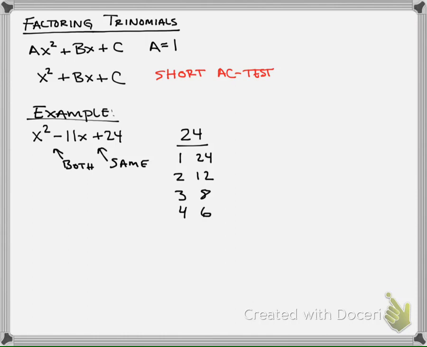So I go back to my factors and make all of these terms negative. When I add the terms together, I'm looking for a negative 11. So in looking for a negative 11, I see that this term gives me negative 11.